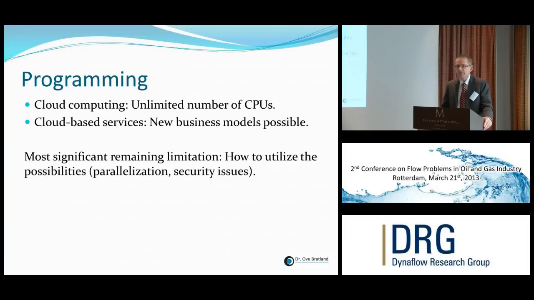A one-man company nowadays can rent in the cloud a lot of CPUs, a lot of cores. So if it's possible to use those cores in a sensible way, that's a big if. But if you can do that, you can have access to it. You can rent the cloud from Microsoft or from whoever. There are many of them nowadays.